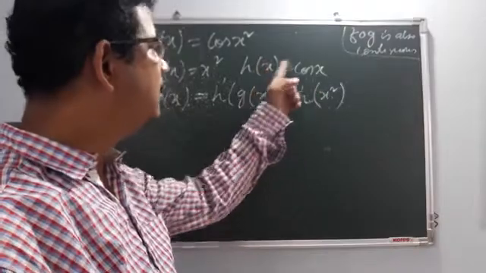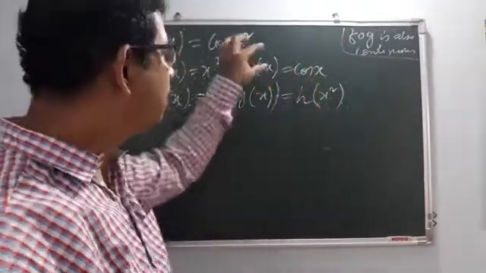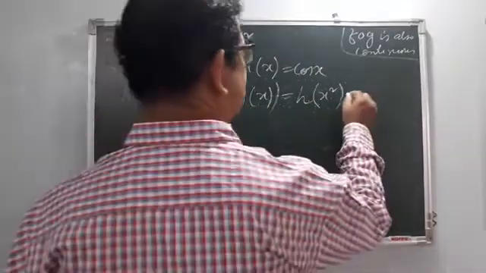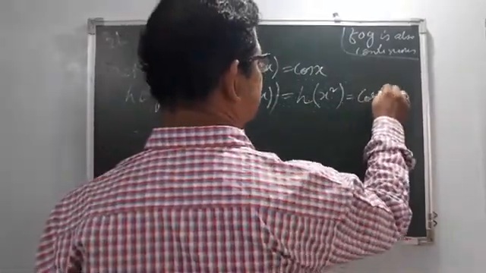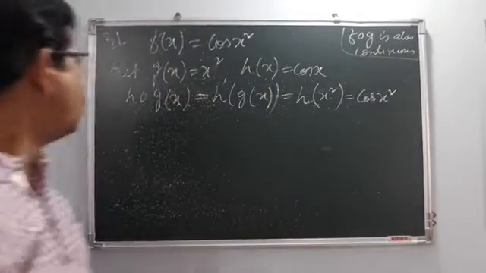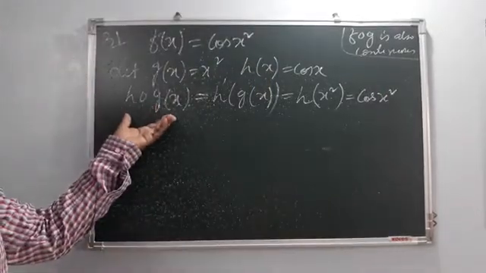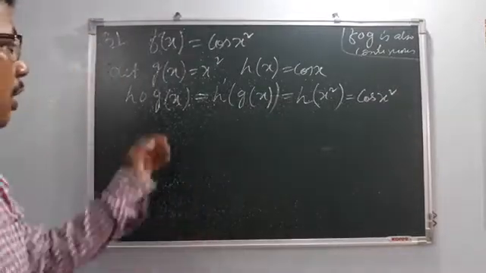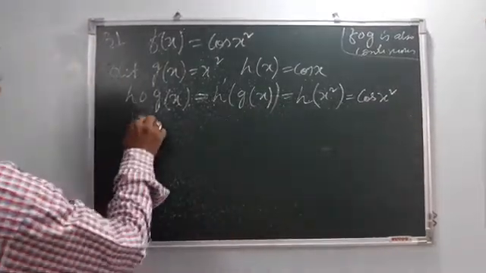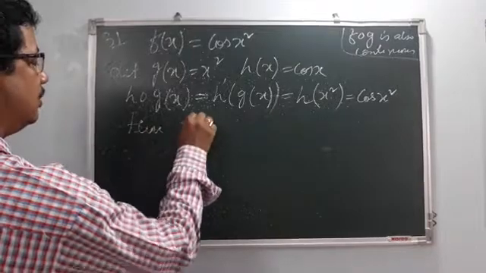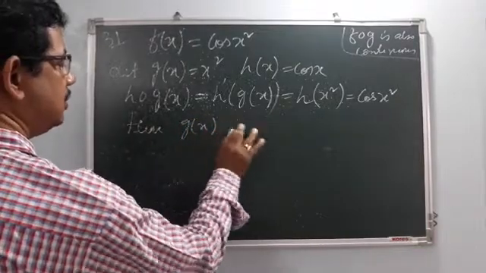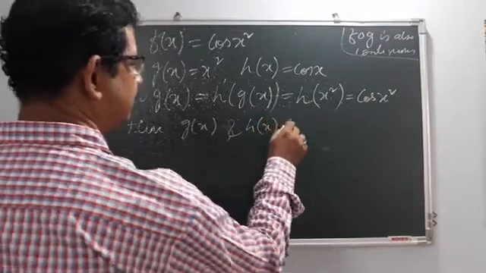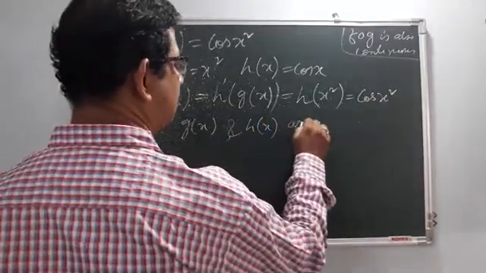If I write y, then we have to put y here. Whatever we put here, we have to put in this place. So then we write it as cos x square. So what we get is h o g(x) is our f(x). Now here g(x) and h(x) are continuous functions.